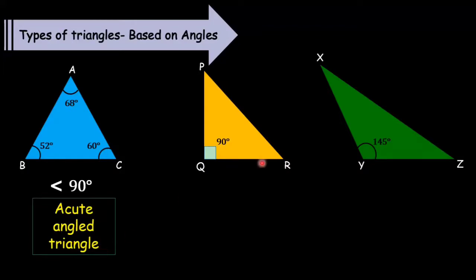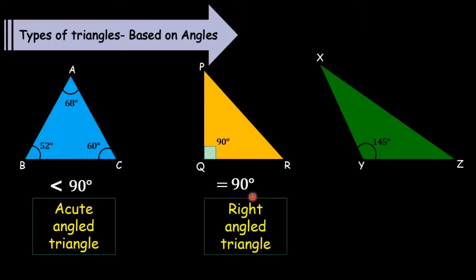In the second triangle, the measure of one angle is 90 degree. So when one angle is 90 degree, then we call such a triangle a right angled triangle. So only one angle should be equal to 90 degree. So then we call that triangle a right angled triangle.